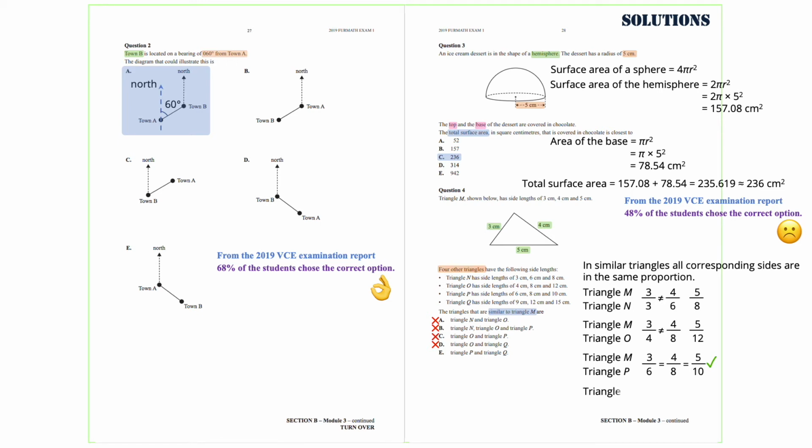Now let's check triangles M and Q. 3, 4, 5, again the sides of M, and 9, 12, 15, the sides of Q. The three ratios are all equal to a third, which means that the two triangles M and Q are similar triangles. So the answer we're after is option E. From the 2019 VCE examination report, 87% of the students chose the correct option.